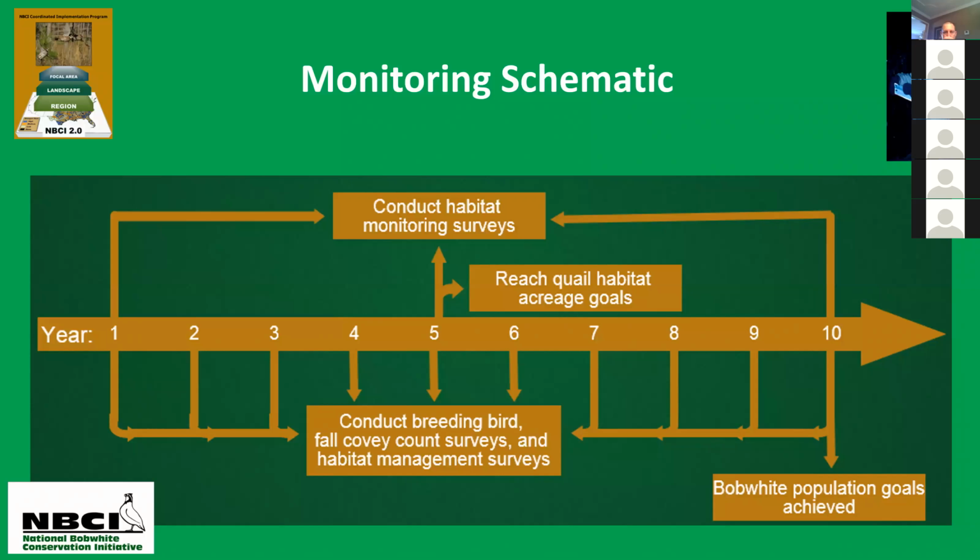The reason for that is that gives a quail population ample time, another 5 years, to respond to that full complement of habitat. Every year, breeding bird surveys and fall covey counts are conducted, as are habitat management surveys. Actually, I mistakenly said the habitat surveys are every year. They're only at year 1, 5, and 10. So the top part there shows years 1, 5, and 10 for habitat monitoring.